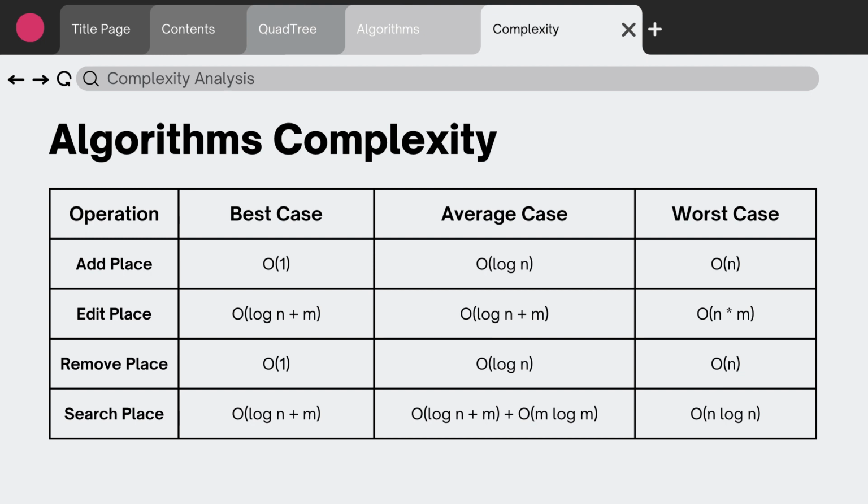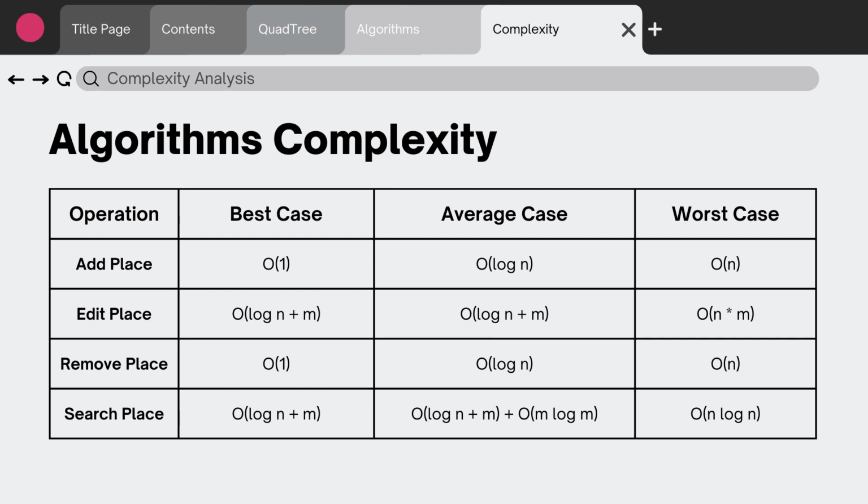About the general complexities for add, edit, and remove place operations, they typically operate with a complexity of O(log n), which is efficient for a balanced tree and typical use cases. Search place operations usually run with a complexity of O(log n + m), leveraging the quad tree's spatial querying capabilities for fast searching and sorting.